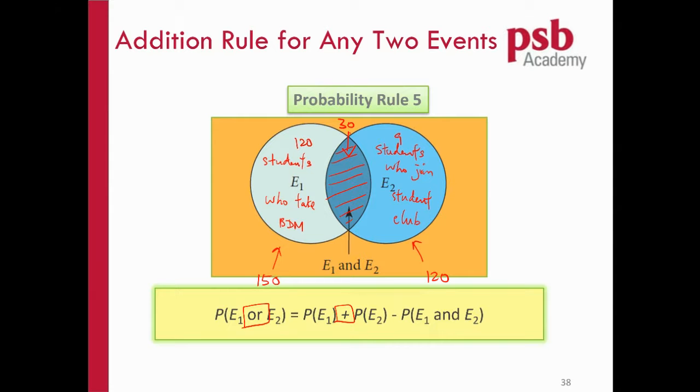Okay, so what is the total number of students in this group? 120 plus 30 plus 90. Total 240. Right?